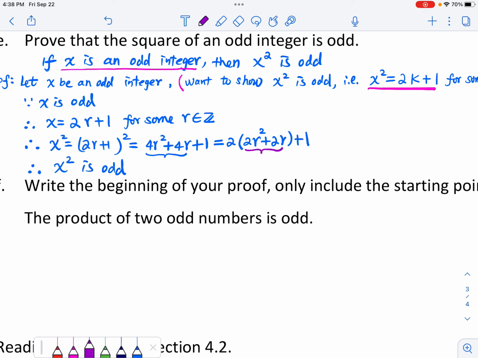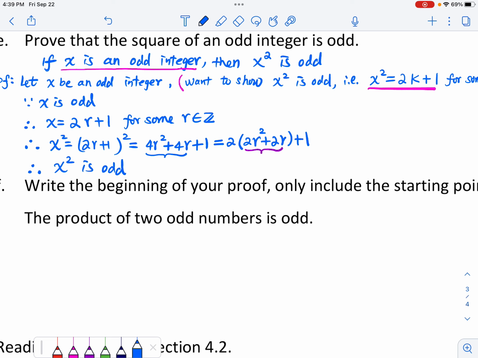Some may ask, isn't it necessary to call it a k? You can, but it's not really necessary. This is already showing 2 times some integer. I know r is an integer, therefore r squared is an integer. 2 times r is an integer, plus another integer has to be an integer.